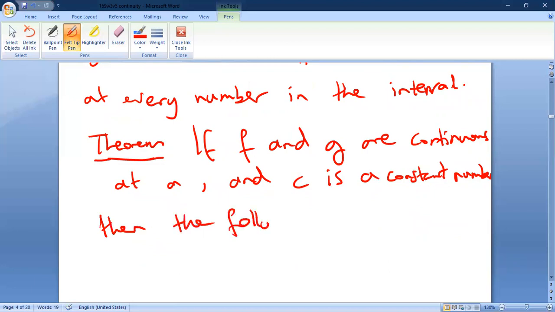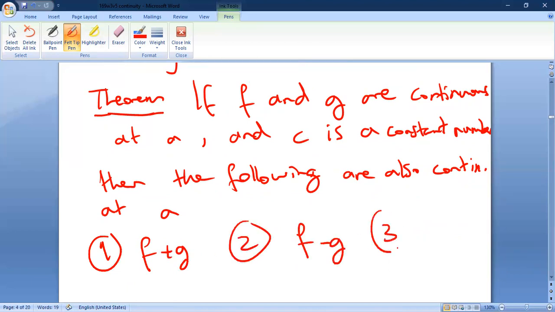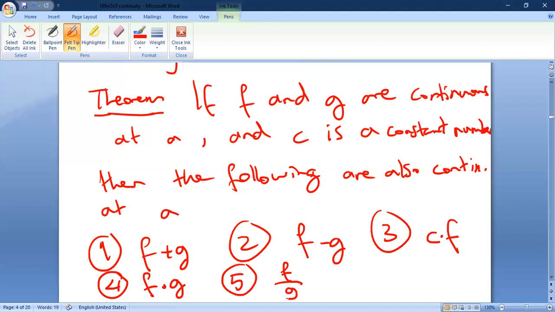the following functions which we get from combinations of f and g and the constant c will also be continuous at the point a. So what are these functions? 1, f plus g; 2, f minus g; 3, constant times f; 4, f times g; 5, f over g, but we don't want g to be 0, otherwise it's going to be undefined.